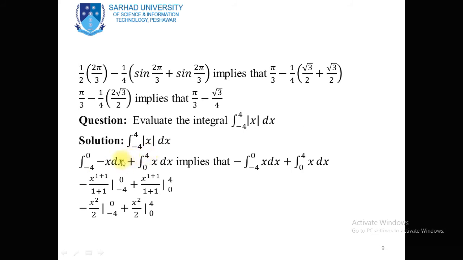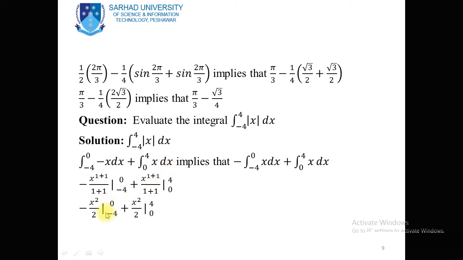Then this is actually the midpoint of minus 4 and 4. So minus 4 plus 4 divided by 2, this is the midpoint, which is equal to 0. So we can write simply the other limit as 0, so minus 4 to 0 and 0 to 4.